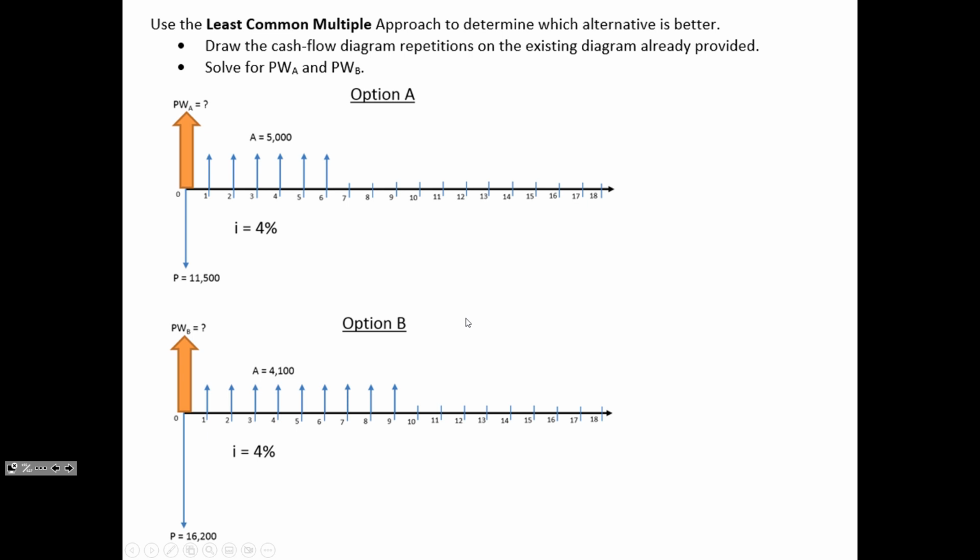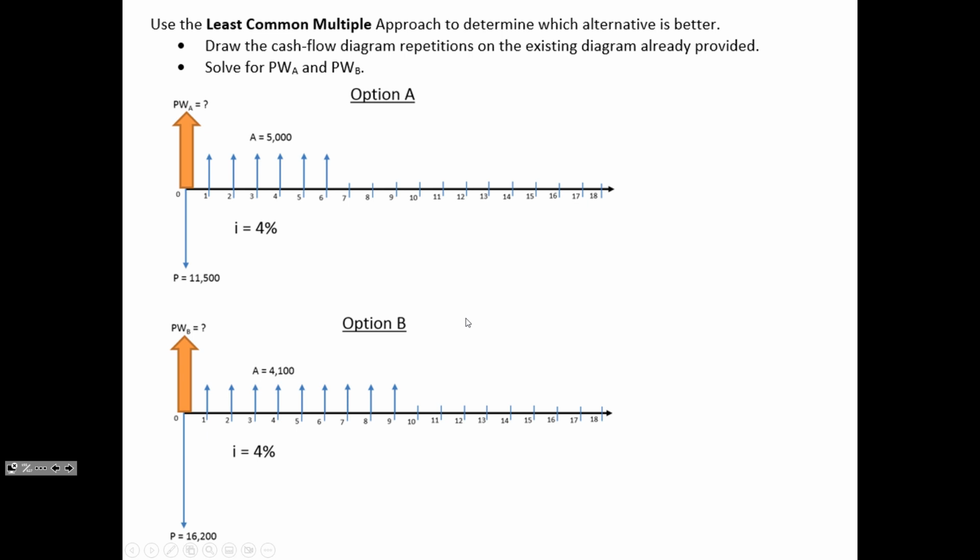So it'll reinforce the muscle memory to you of when the item should be purchased another time, and not purchasing it in the year 18, which is a common mistake I've seen a lot of people make when they apply the least common multiple method. And this is at 4%. The 4% table is on the second page there.